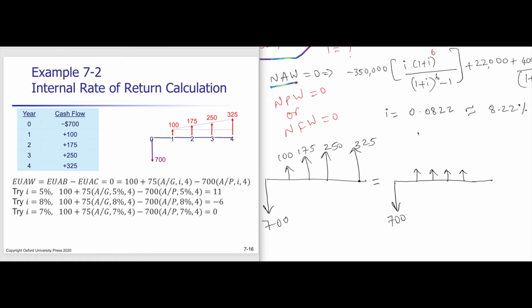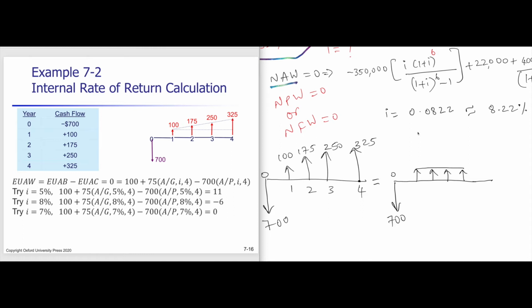So this is annual, and the gradient should start, if you see the gradient 1 2 3 4, the gradient should start from the second year, if you remember.